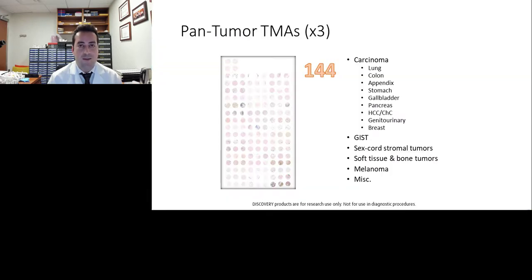We applied this 5-plex protocol on our collection of pan-tumor tissue microarrays. These pan-tumor TMAs are three separate blocks with a total of 144 cases, which are carcinomas of different origins like lung, colon, stomach, gallbladder, and pancreas, as well as gastrointestinal stromal tumors, sex cord stromal tumors, soft tissue and bone tumors, melanomas, and other rare and miscellaneous tumors.